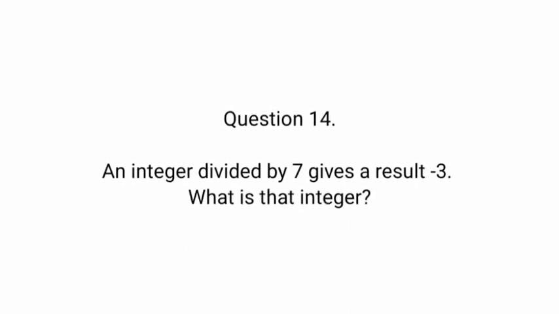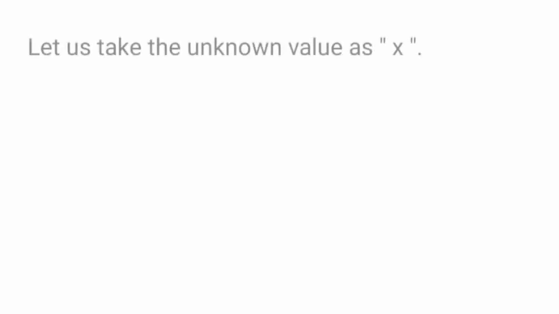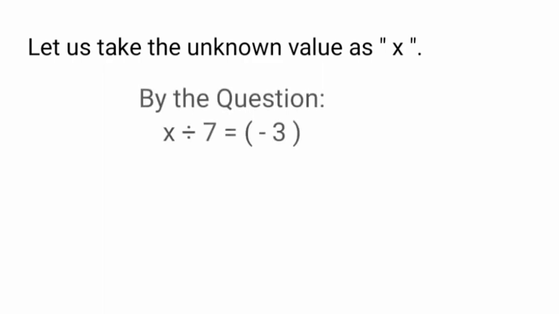Next, question number 14. An integer divided by 7 gives a result of minus 3. What is that integer? To find the answer for this question, let us take the unknown value as x. By the given problem, the unknown x is divided by 7 and gives minus 3.